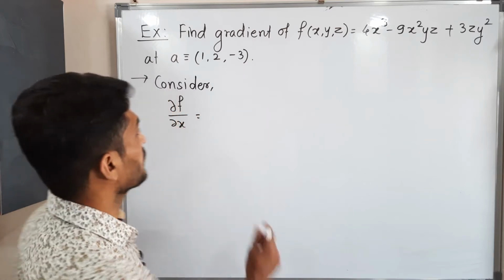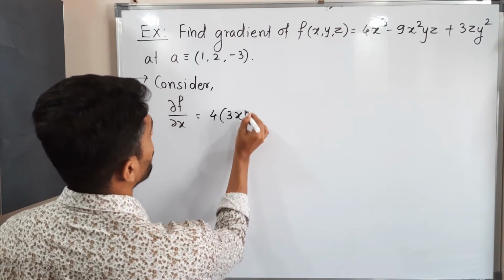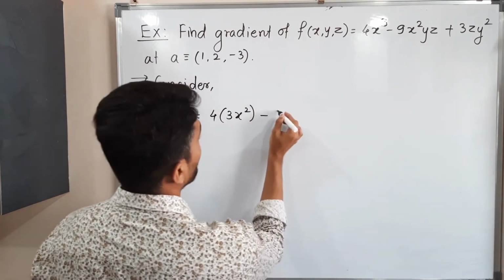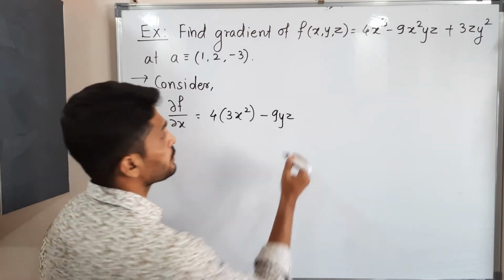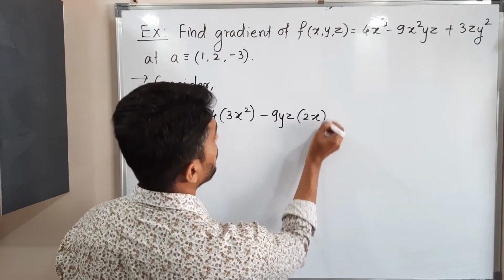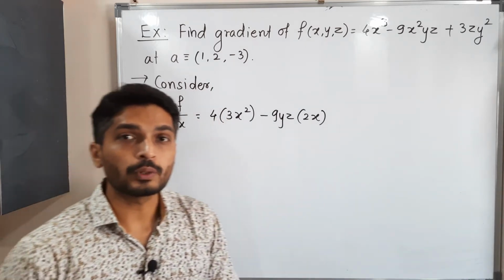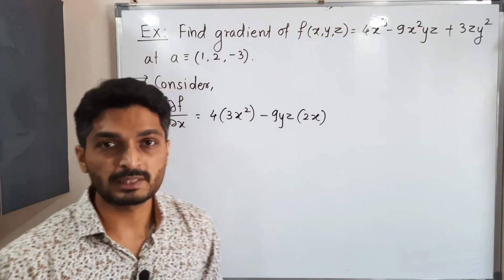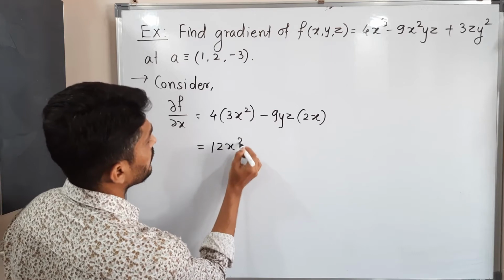So 4 is a constant, derivative of x cube is 3x square, minus 9, y and z are constants so they will come outside, derivative of x square is 2x. Derivative of the last term is 0 since there is no x, all of them are constants.